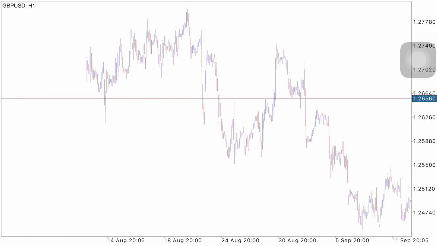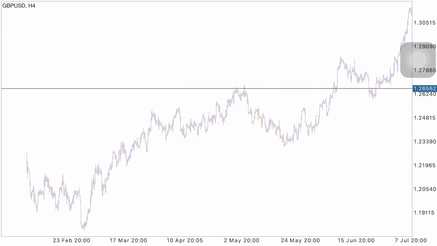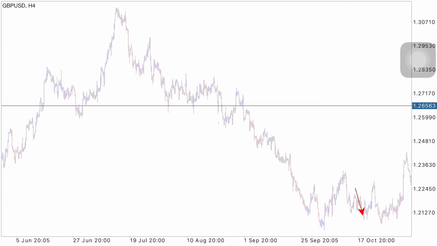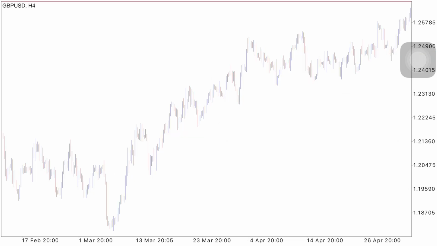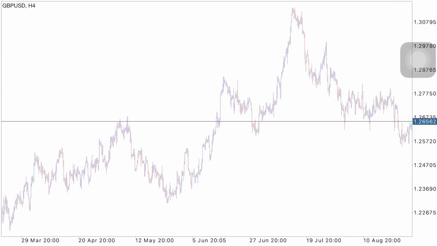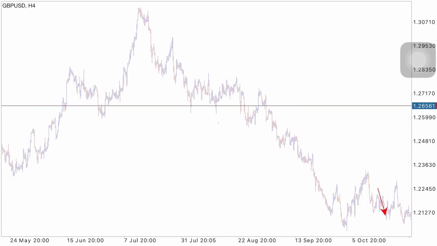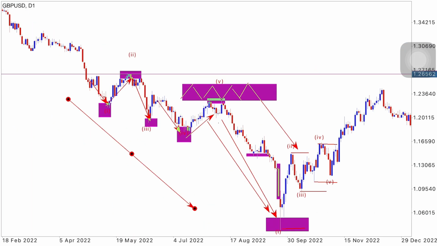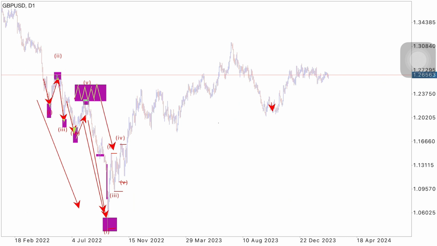Okay, it seems like it doesn't want to give us the opportunity to check it on a 4 hour time frame. Okay, let me go back to the daily. Okay, this here, where is it?